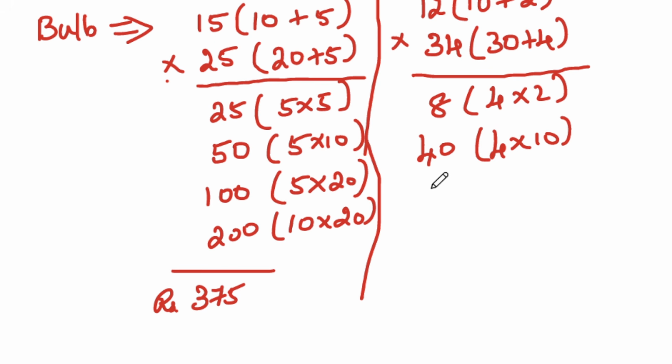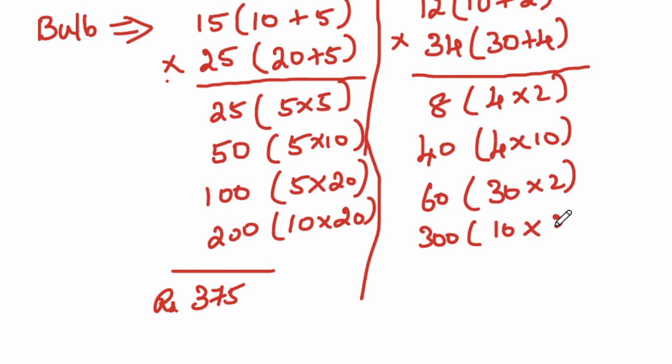Next 10 into 4, 40, and 30 into 2, 60. Next 10 into 30, which is 300. Okay, so 300 plus 60 is 360. 360 plus 40 is 400. 400 plus 8 is 408. So tube light is 408.